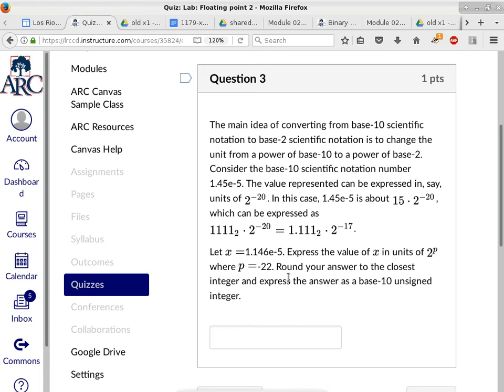So let me do this calculation: 1.146 times 10 to the power of negative 5. By observing some people doing this on Tuesday, and also yesterday because the Wednesday lab is 1 day behind you guys, you might want to learn how to use a calculator.